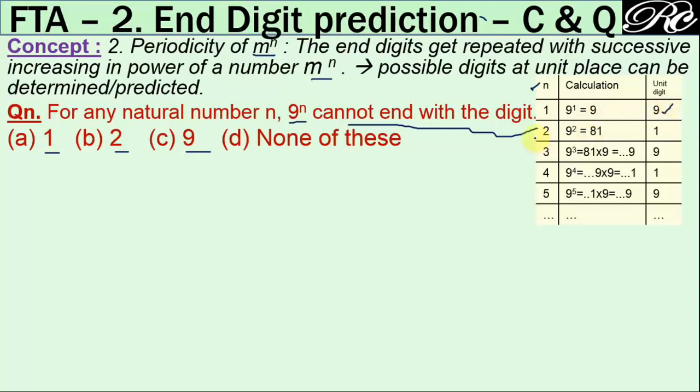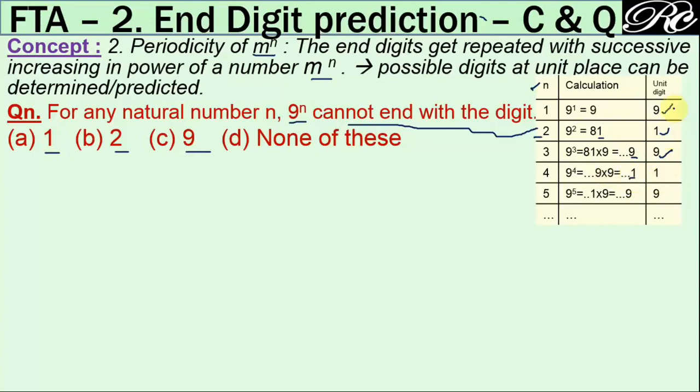If it is coming as 2, 9 squared is 81, so unit digit is 1. We take n equals to 3, means 9 to the power 3, 81 multiplied by 9, 9 ones are 9, means unit digit will be 9. 9 to the power 4, again this 9 will be multiplied with one more 9, it becomes 81, so 1.